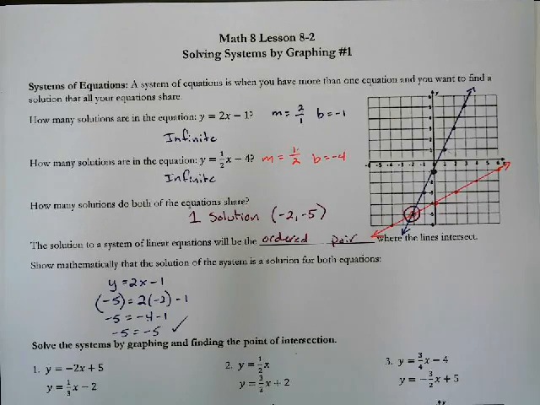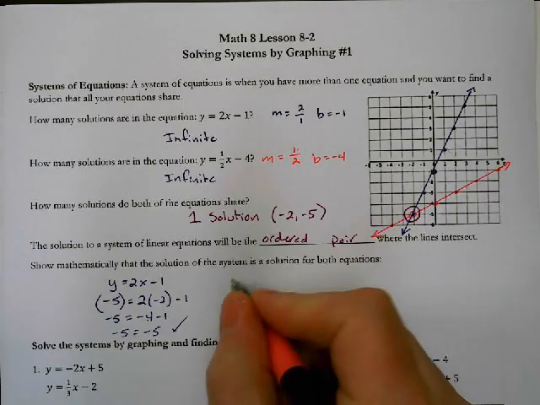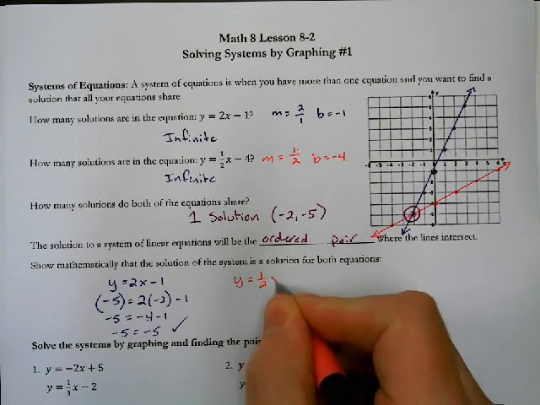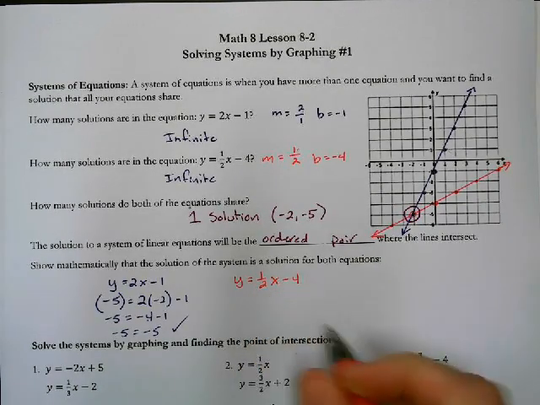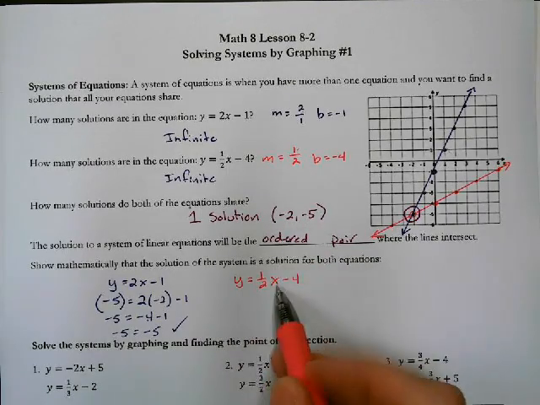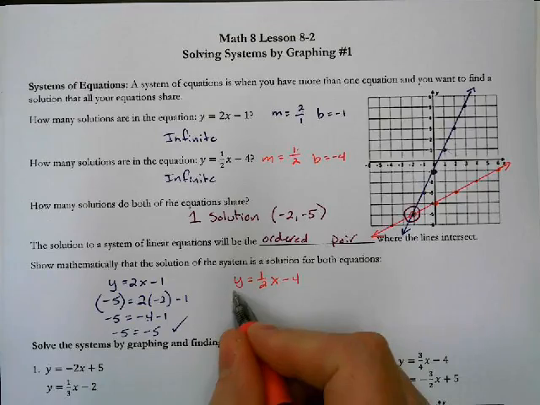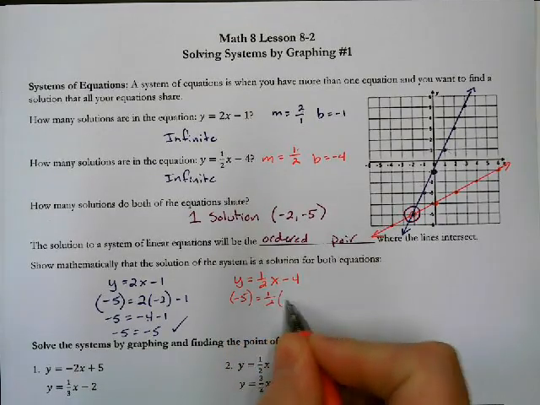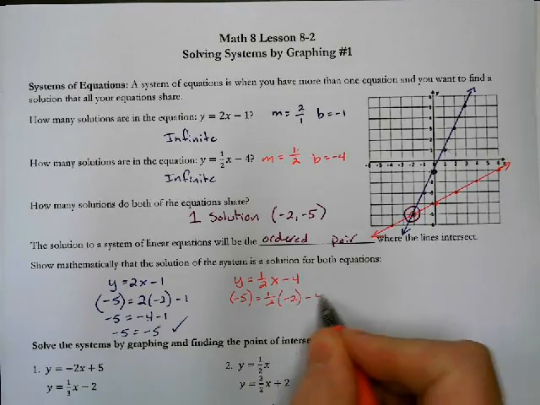Let's prove it's a solution for the second equation. y equals 1/2 x minus 4. So let's plug in -5 for y and -2 for x and see if it's a solution. So you do -5 equals 1/2 times -2 minus 4.